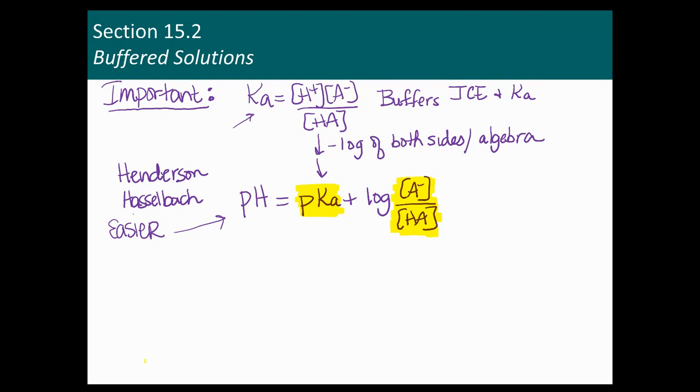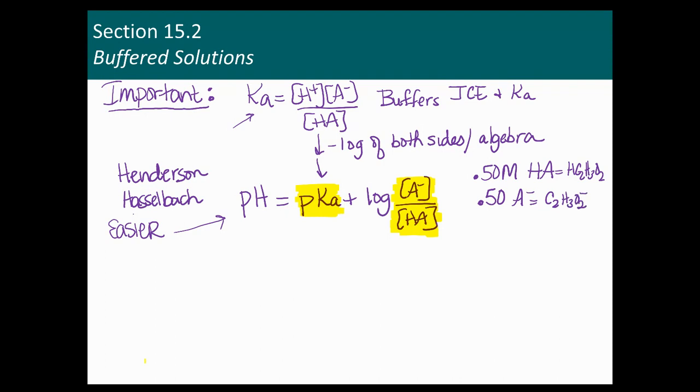Now, I'm hoping that we can get to the point where we simplify it so much that we're not intimidated by this at all. So what do I mean by that? That we had a 0.5 molar HA and a 0.5 molar A minus, right? Acetic acid and acetate.